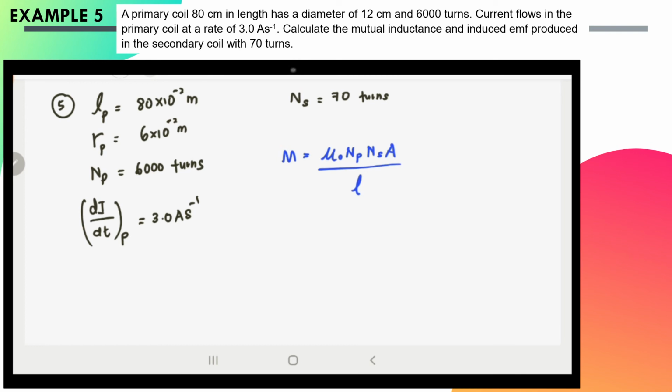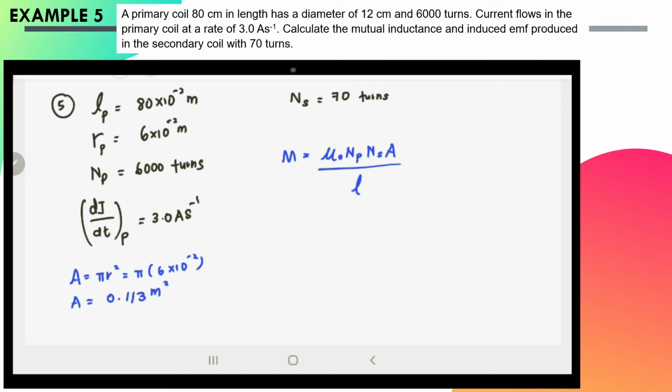Okay, so we can just substitute, right? But we need to find first what is the area. So the area is equal to pi r squared. Okay, so you can just substitute, pi times 6 exponent negative 2, and the area is 0.113 meter squared.